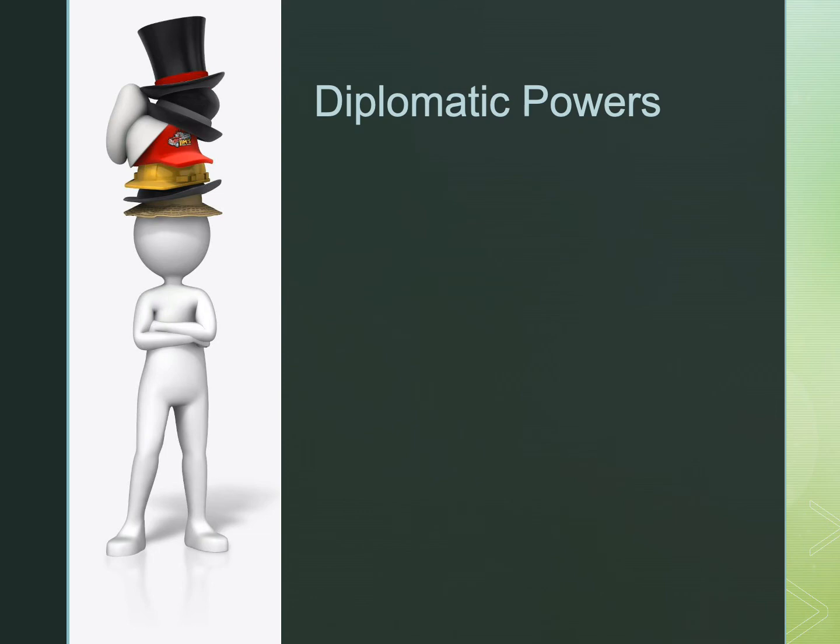The president, as head of state, has diplomatic powers. The president is deemed as the head of state. That means that they are basically the person who represents the United States abroad. Sometimes the president will send somebody in his or her place, but ultimately the president is the head of state and does that job.